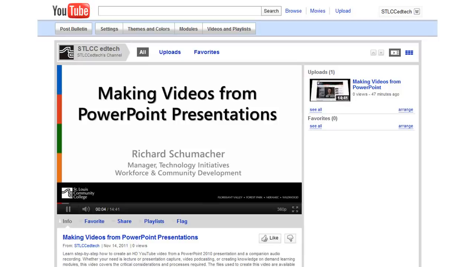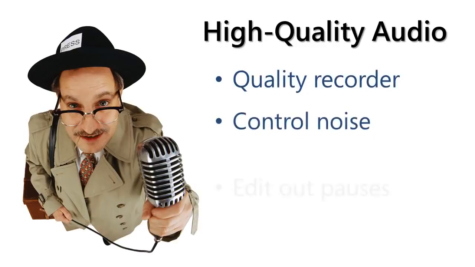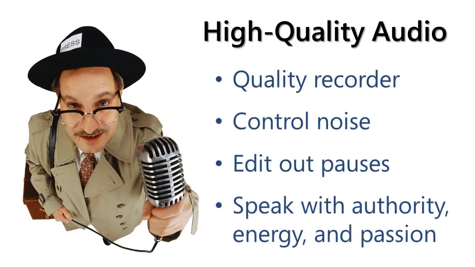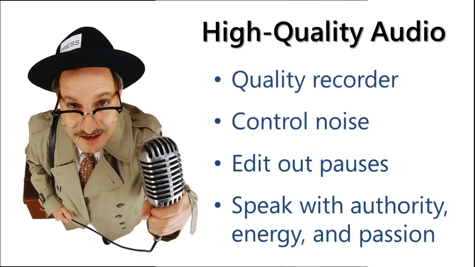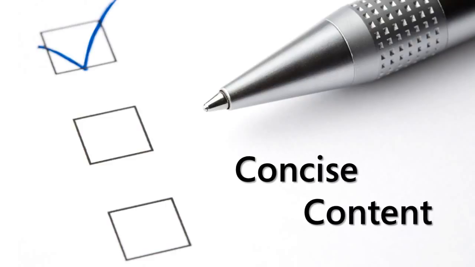So what are the important keys to making successful videos from PowerPoint presentations? First, quality audio is an essential component of any video project. Make sure your audio is clear, sharp, and dynamic. The best PowerPoint videos tell a good story or solve real-world problems through targeted, concise content.